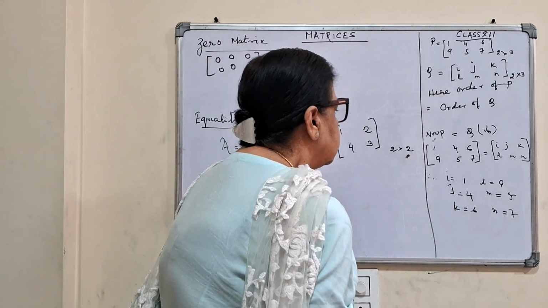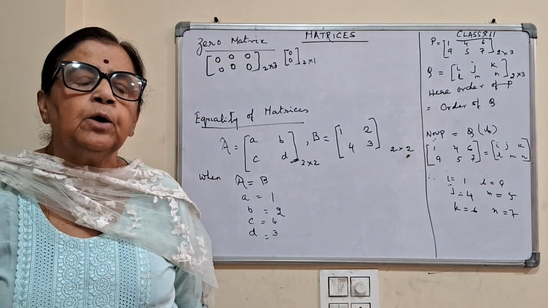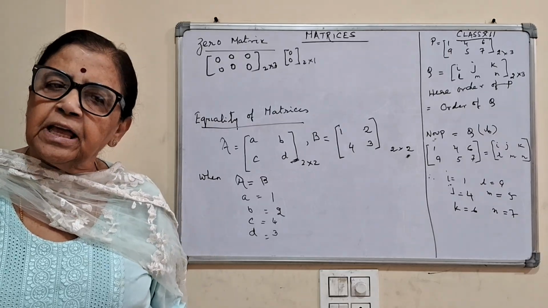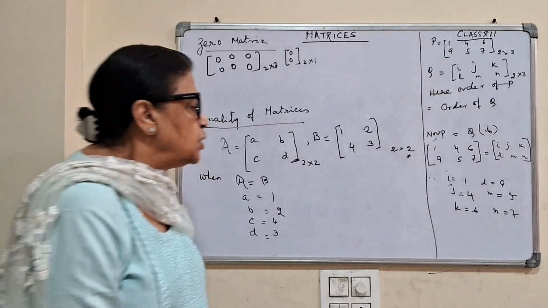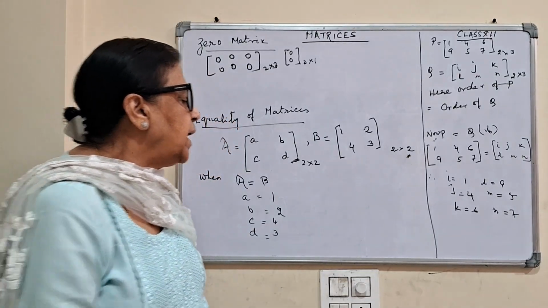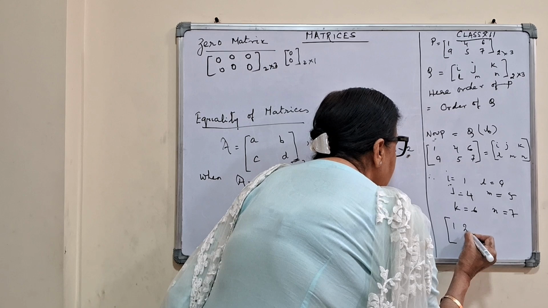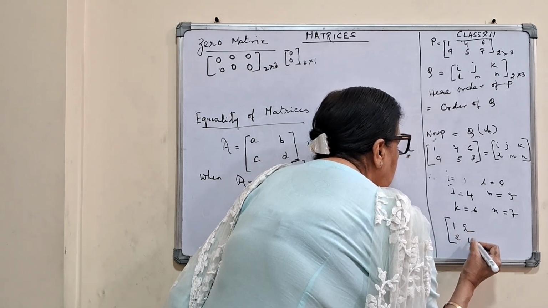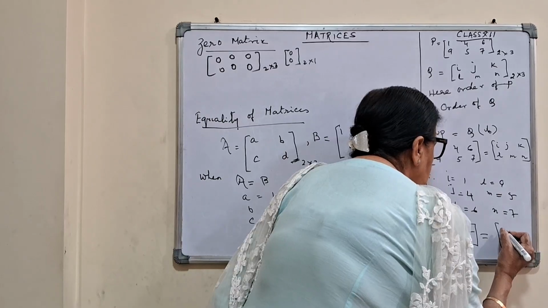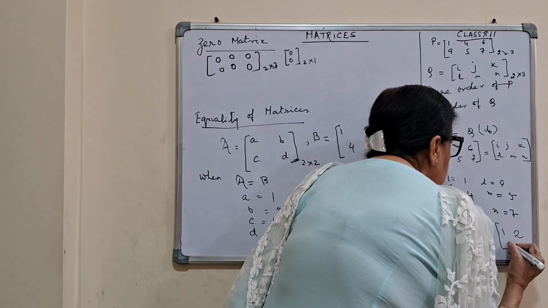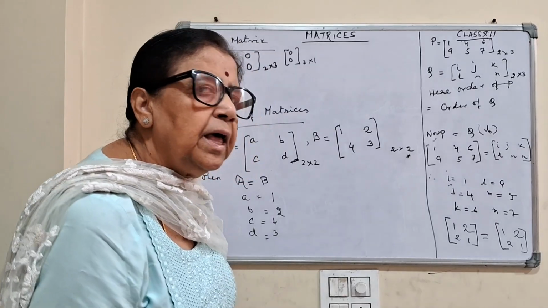Okay. So when two matrices are equal, they should be of the same order and each corresponding element is equal. I can write any order, that is 1, 2; 2, 1 is equal to 1, 2; 2, 1. They are equal.